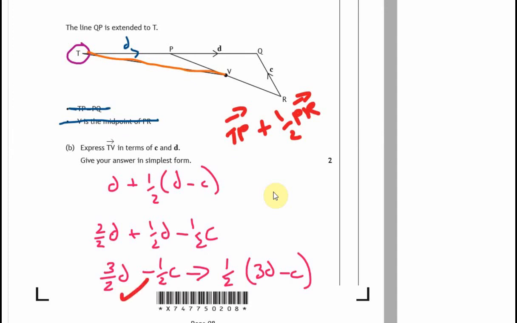They've actually just left it at this point, so they don't even want you to take out the common factor. So if you'd left it at this stage, that was okay. Just to be fair, maybe write this to begin with in letter form, and then go into the vectors. But I think having this as your first line isn't a problem. So yeah, I hope that's been helpful chatting about vectors.